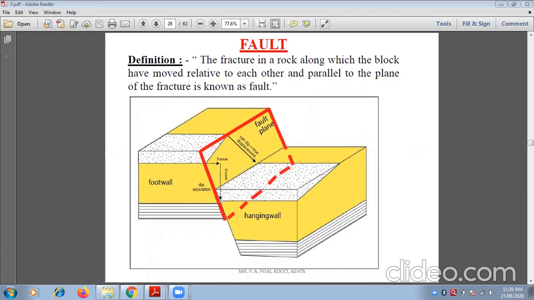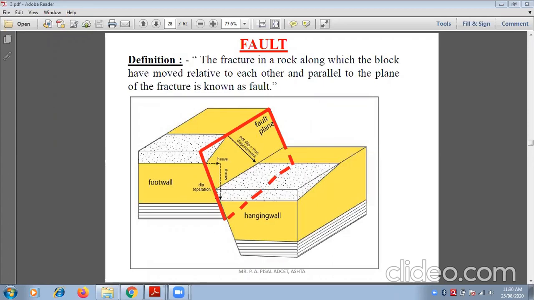These dotted lines are hidden beneath this block, that's why they are not visible here. I have just mentioned that side with the dotted lines. On this side the rock blocks are moved away from each other. That side is considered as a fault plane.